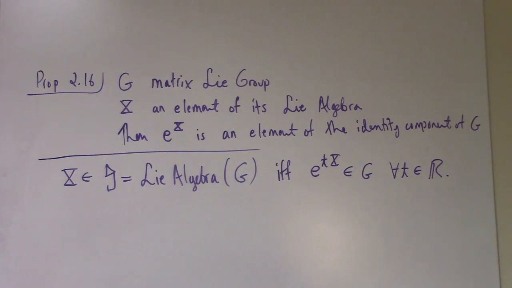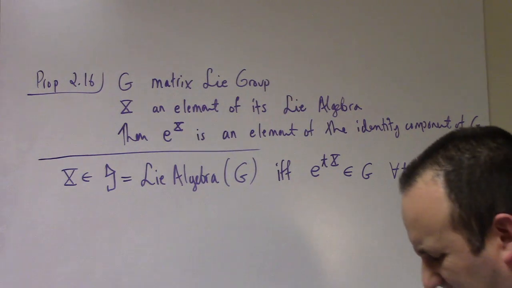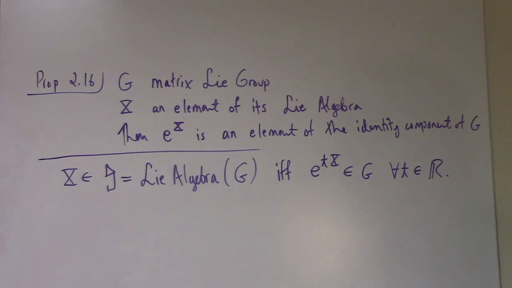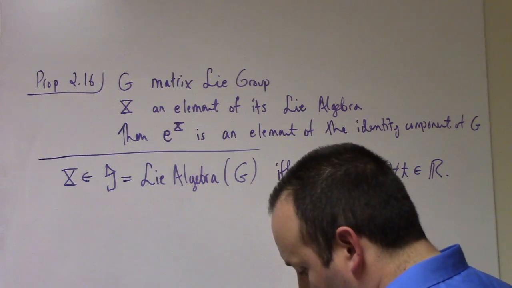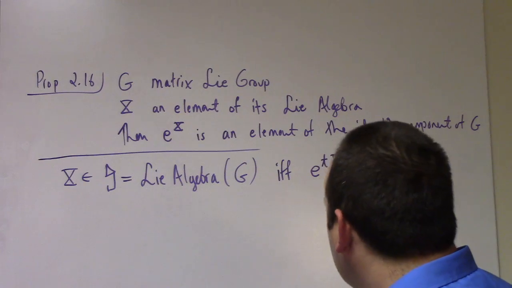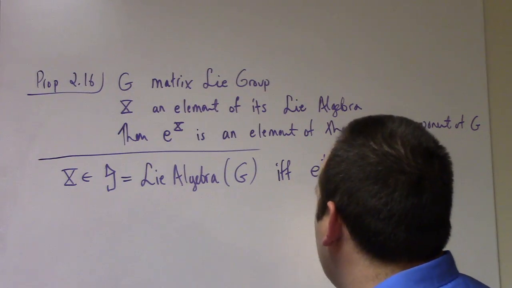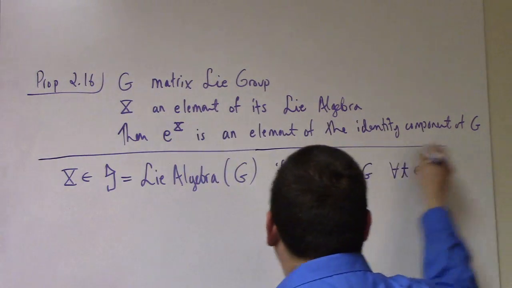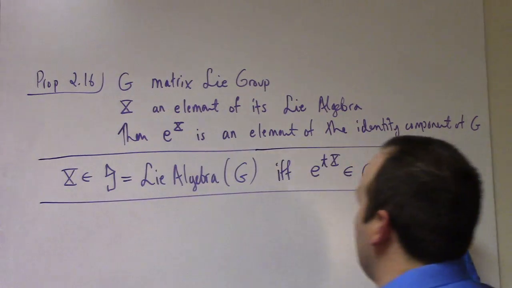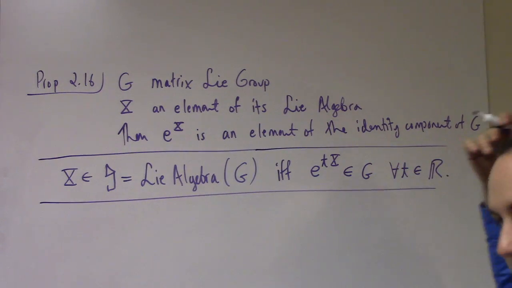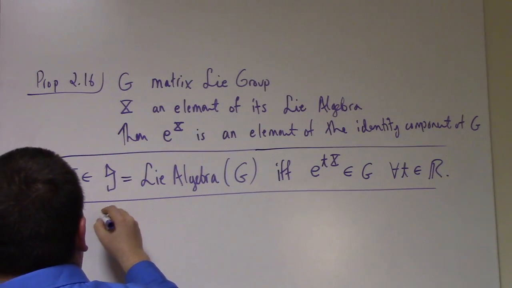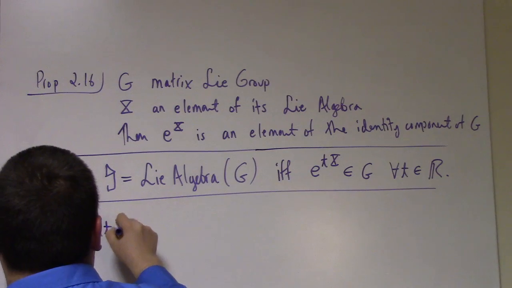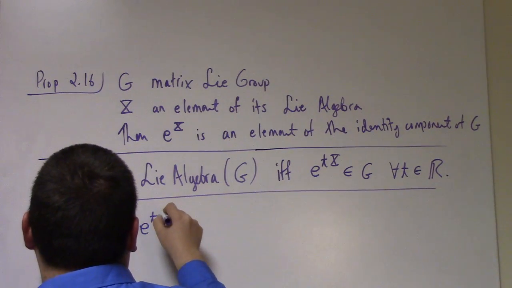Anyway, once we have the definition back in mind, this is really easy to prove, right? If you look at, let's say, alpha of t equal e to the tX, what do you got?